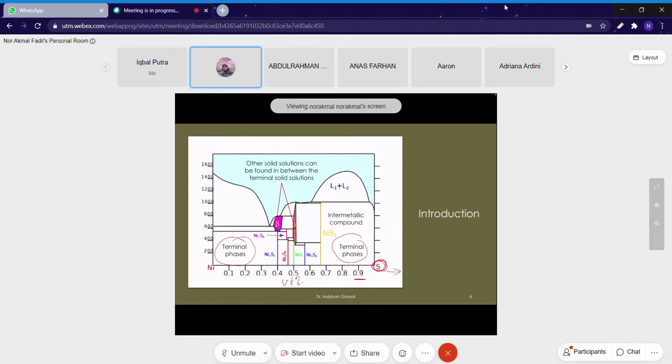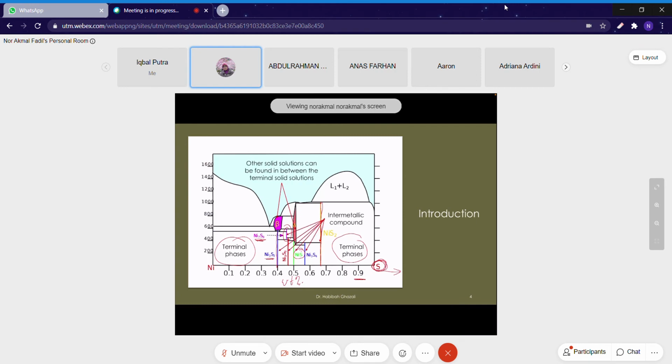The vertical line is an intermetallic compound. This one, nickel 3 sulfur 2. This one, nickel 9 sulfur X. This green line, nickel sulfur. This magenta line, nickel 7 sulfur 6. It is intermetallic, exactly the vertical line.